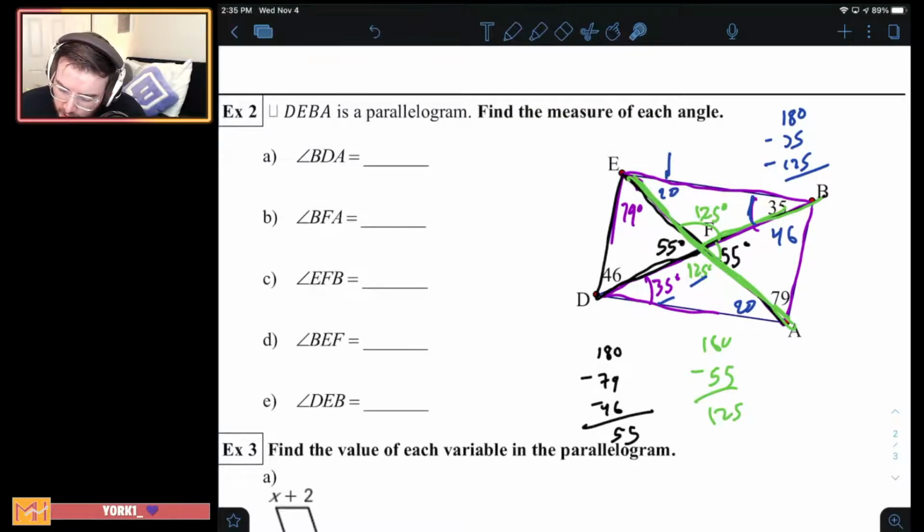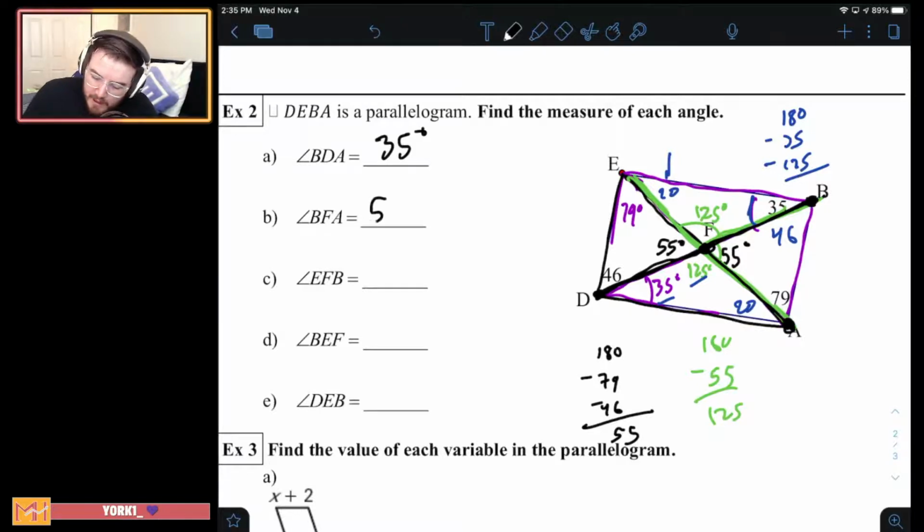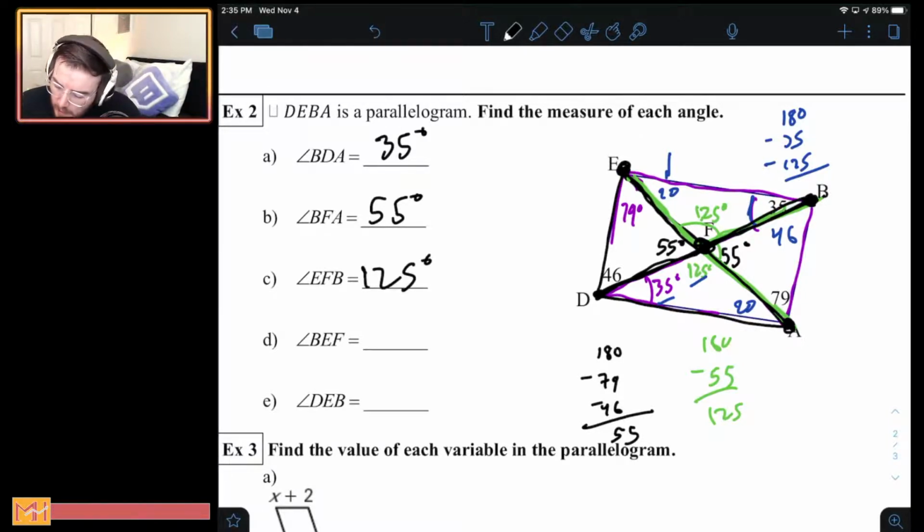So let me actually label these now. BDA, B to D to A. Well, that's the 35, not 135. And then B to F to A. Well, that's the 55. And then E to F to B. Well, that's the 125.